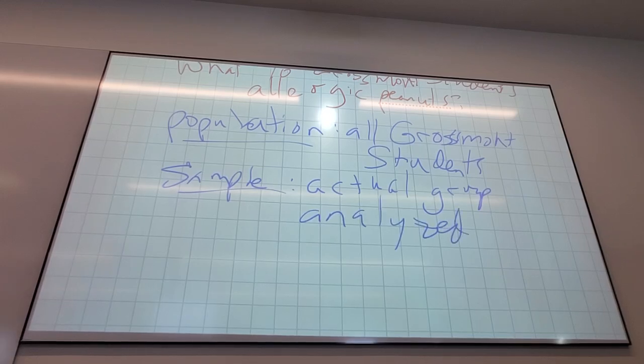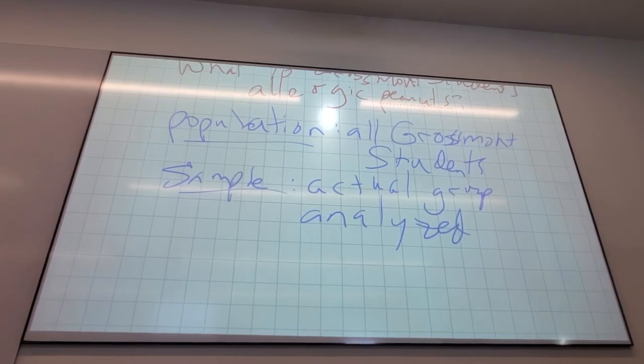Now, why would it not be good to, let me see, how do I say this? If I wanted to say something about people that live in San Diego, and I go to the beach and I interview 30 people, why might that not be a good sample?